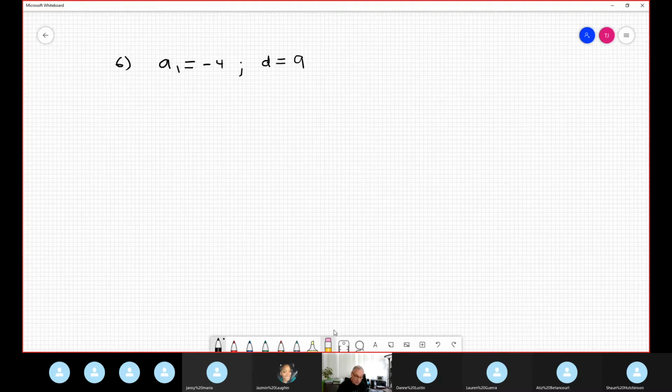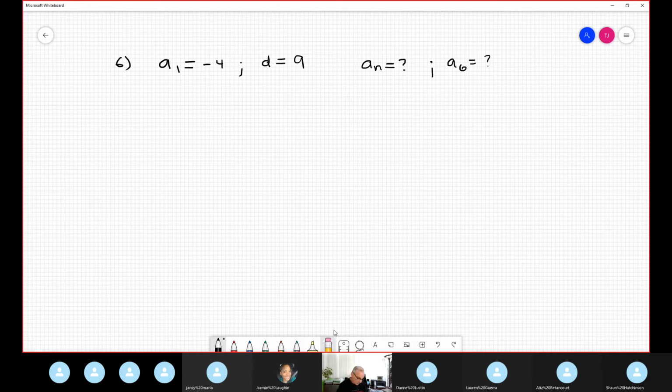They want to find A sub m, the element located in the arbitrary position m. Remember, the name of this is the explicit formula. And specifically, the position is 6.